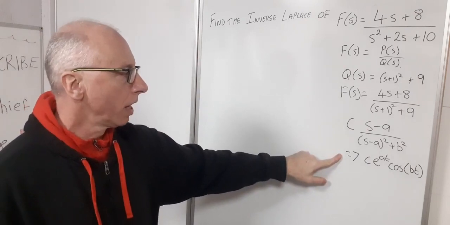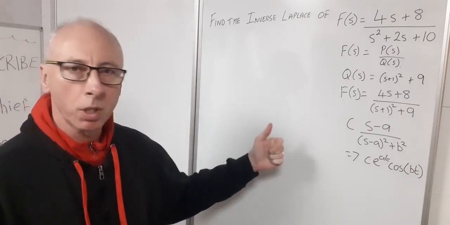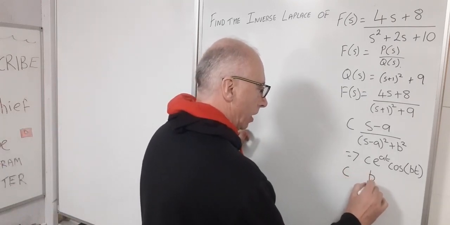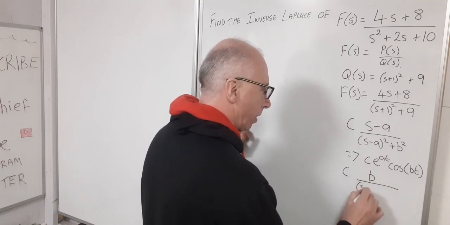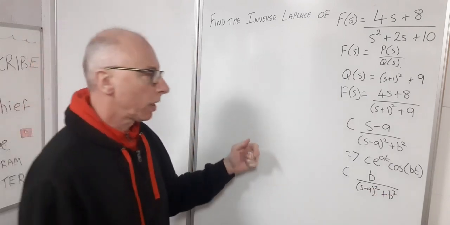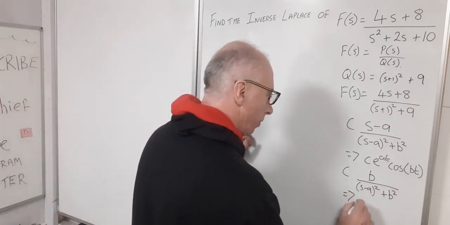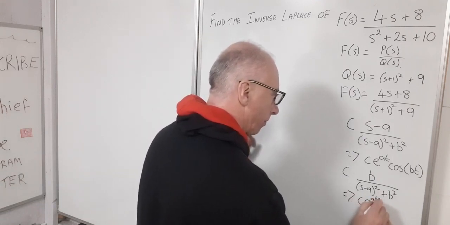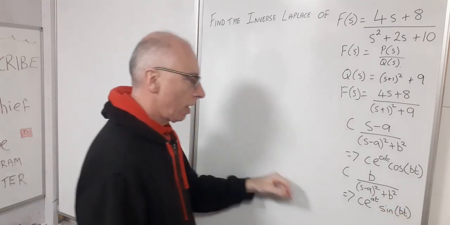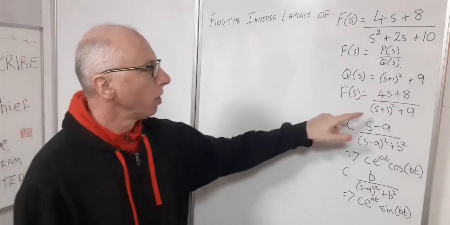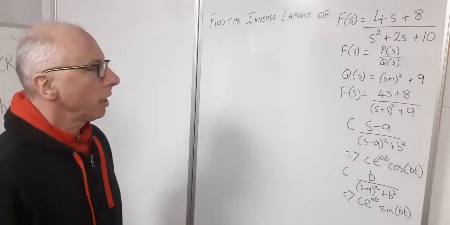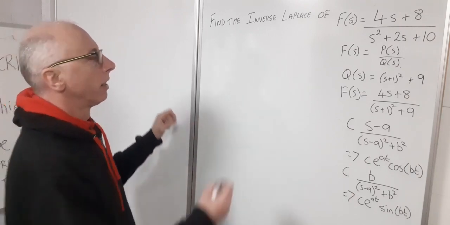And then there's another general result we could aim for, where we have c times b over s minus a squared plus b squared. That one will give us c e to the at and then sine of bt. That's a general result which we'll try to look for in our F of s.